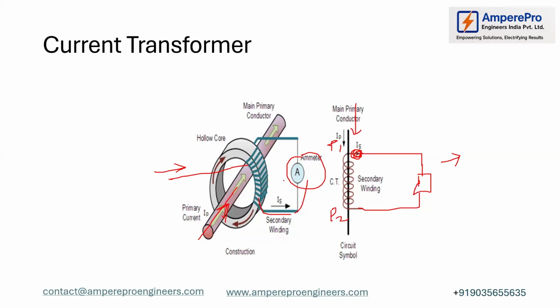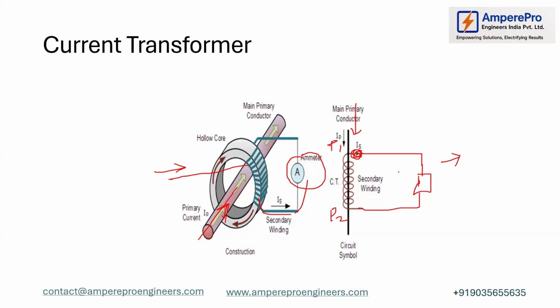There are different types of CTs as well. There are multi-winding CTs as well. What you're seeing is one core. Like that, you may have multiple cores, core 1, core 2, core 3, core 4, core 5, something like that.